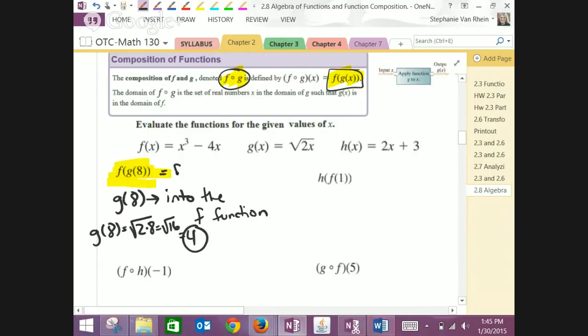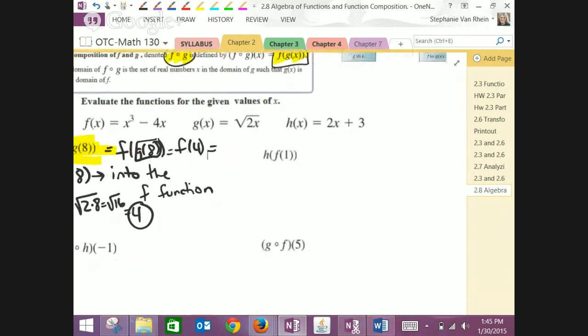So I take f of 4. What is f of 4? 4 cubed minus 4 times 4, which is 48.